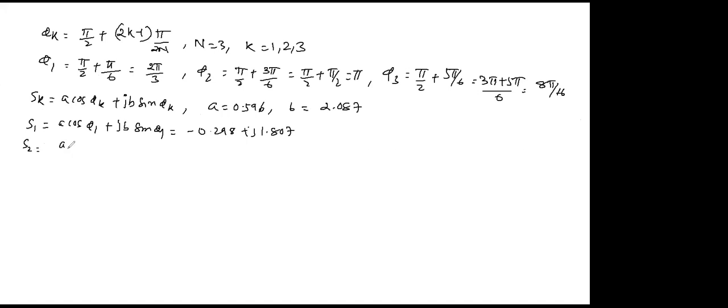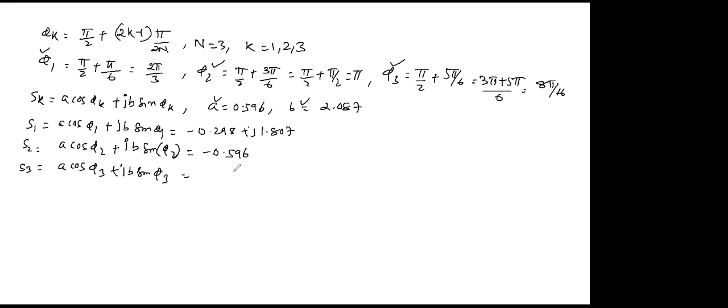Similarly, S2 gives minus 0.596. Similarly, S3 is a cos of phi 3 plus jb sine of phi 3, everything is known, equals minus 0.298 minus j 1.807.